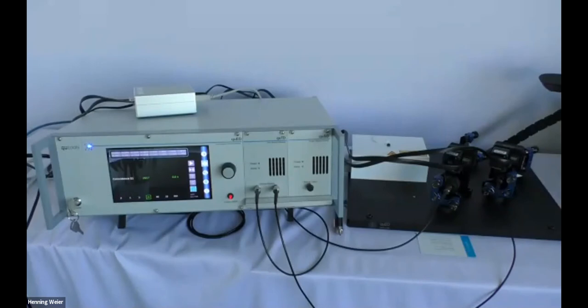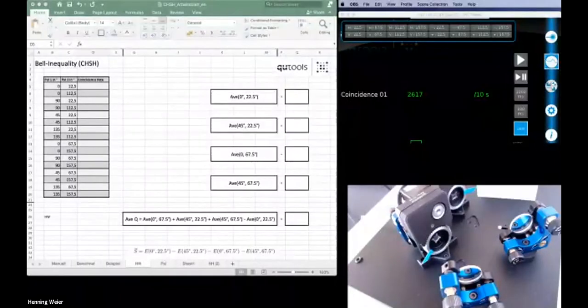Right, so now we have a different view of the setup. You've seen this before too, right? You see a closer look at the polarizers, and you see this is again the screen of the device. This is not doing anything at the moment, so you don't have to worry about that.